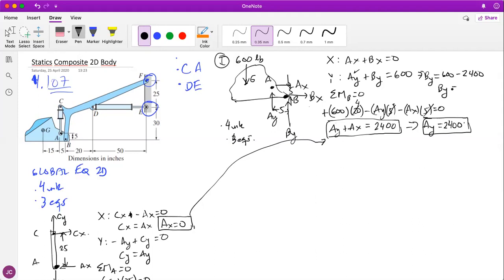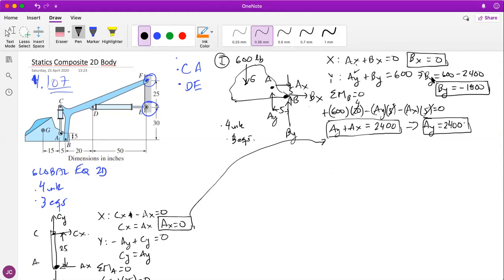Therefore, BY should be equal to minus 1800. Well, okay, so some things are just unfolding by themselves. And since AX equals 0, from here I can get that BX also should be 0.